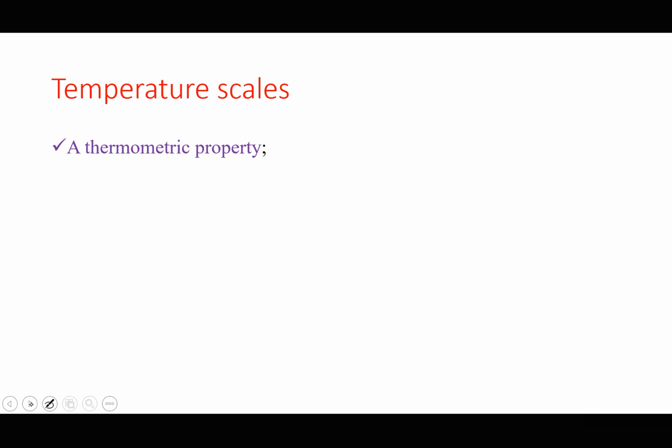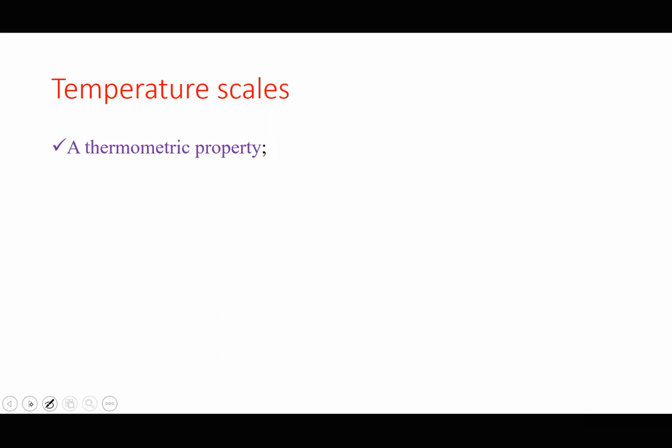A thermometric property is actually a physical property which varies or changes linearly with the temperature. We always assume that this property will change linearly as temperature changes. In fact, it is going to be directly proportional or inversely proportional to temperature, following a perfectly linear relationship.